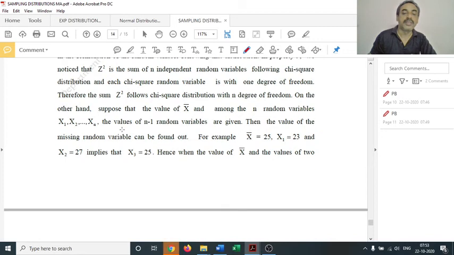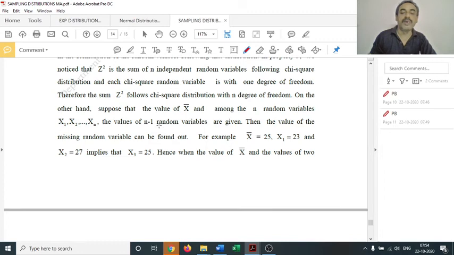Now, in the case of a sample x1, x2, etc., xn drawn from a normally distributed population, the number of independent variables will be n minus 1 because x bar also appears in the equation of s square. So the number of independently possible variables is only n minus 1.